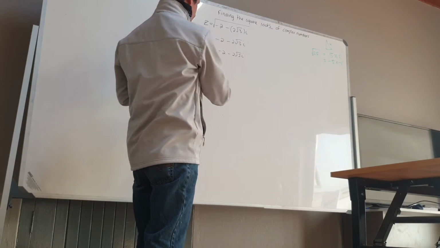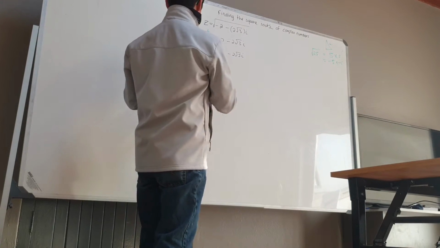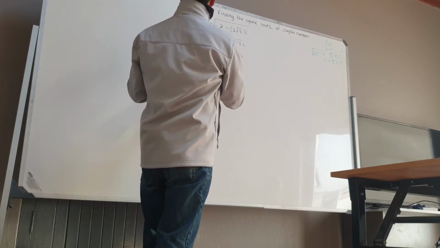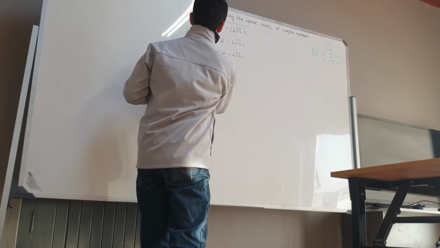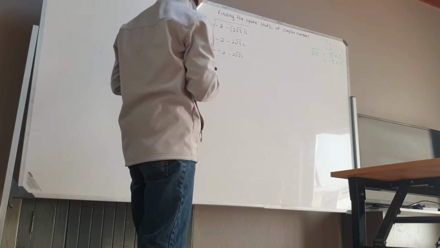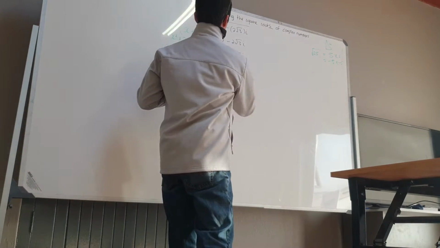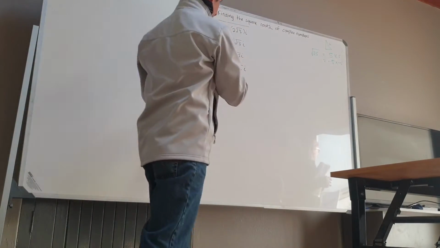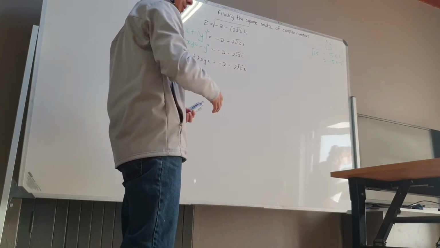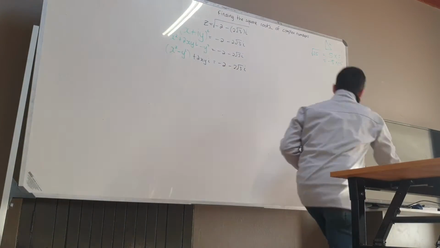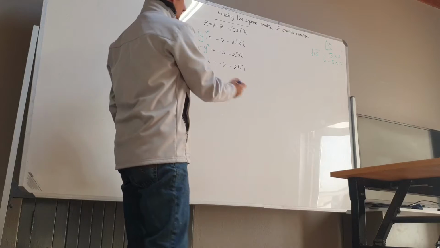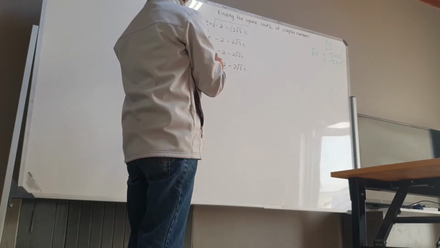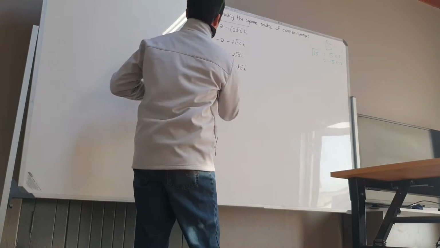This plus 2xyi, it's my imaginary part, and this is all equal to the other side. So now we can just compare. Here are the real parts. And here are the imaginary parts.